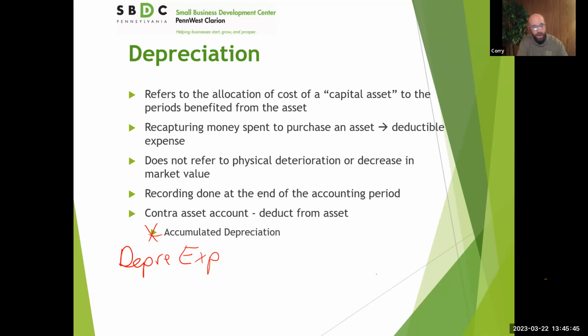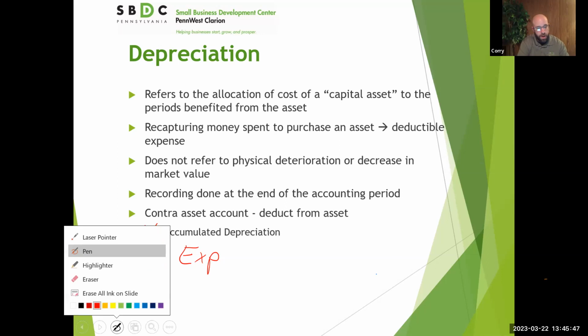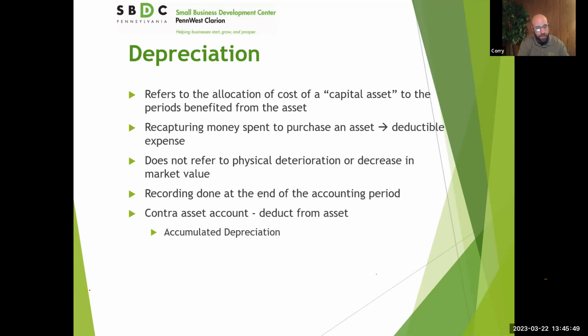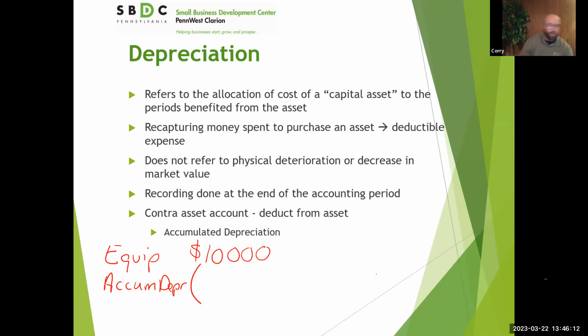On our balance sheet, you have equipment, $10,000. Then underneath that, you're going to have this account called accumulated depreciation, and it's going to be in parentheses. And let's say that we depreciate this equipment over 10 years, just for even numbers.